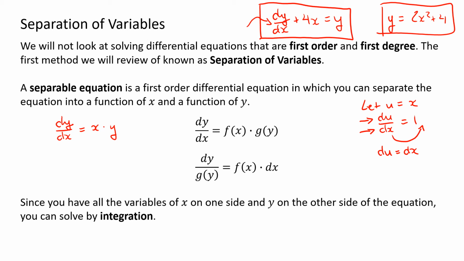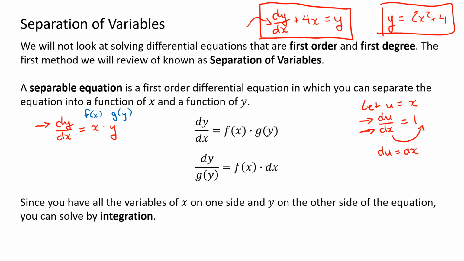This x term would be the f of x term, and y would be the g of y term. Okay, so on the left-hand side of the equation, we have a dy and a dx. On the right side of the equation, we have both an x and a y term.